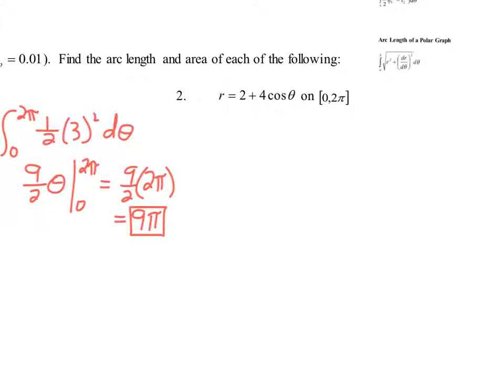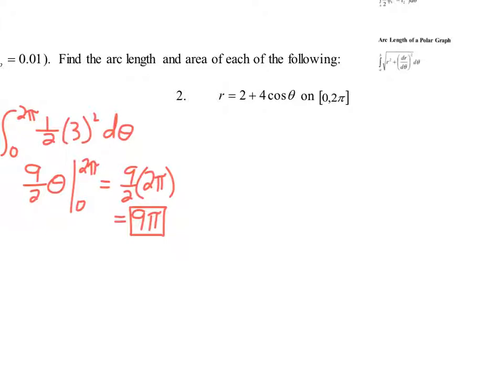So if you have something like this, just pop it in your calculator. It's going to spit out like 29 point whatever. You know it's a multiple of pi, so divide out the pi, like we talked about last class. So good point. And most of the time it's going to call for a decimal answer anyway, so you'd be all right.